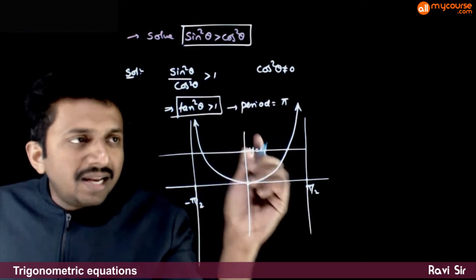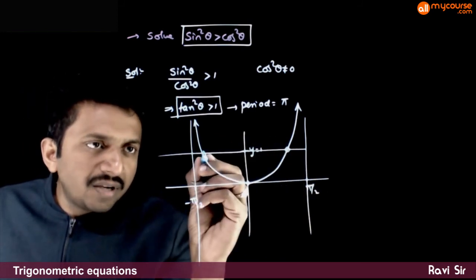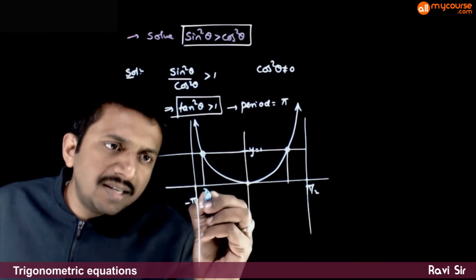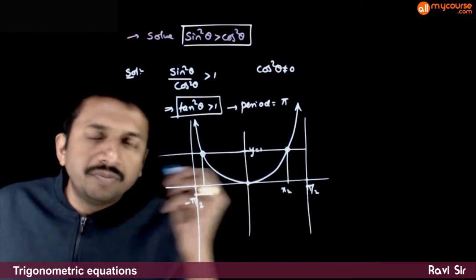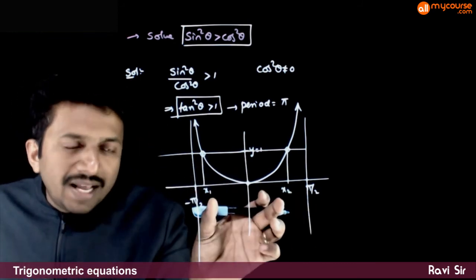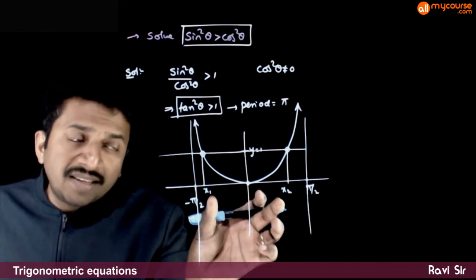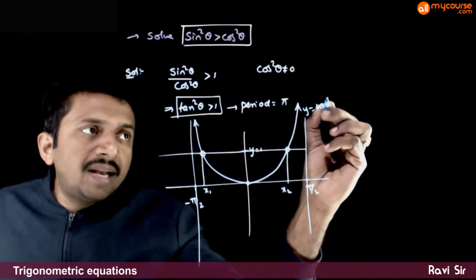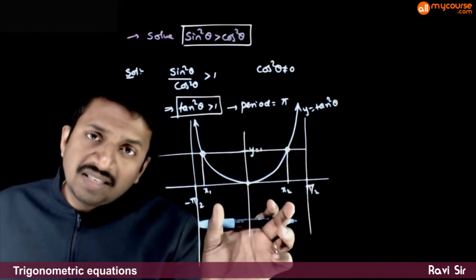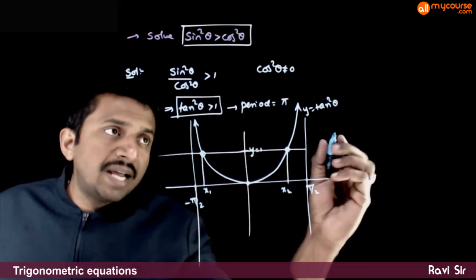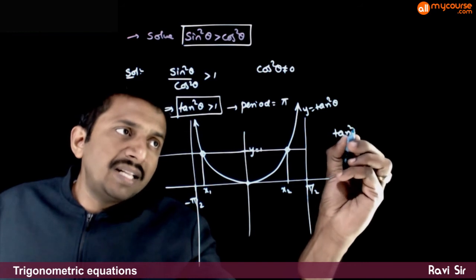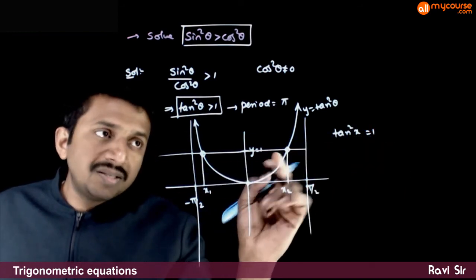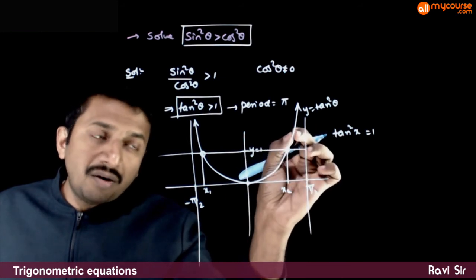So now this line obviously intersects this curve at 2 points. Let us say that this is x1, this is x2. Now x1 and x2 are the 2 points which are the intersections of y is equal to 1 and y is equal to tan square theta. So these x1 and x2 satisfy the condition tan square of x is equal to 1, because this is the point of intersection of these two curves.